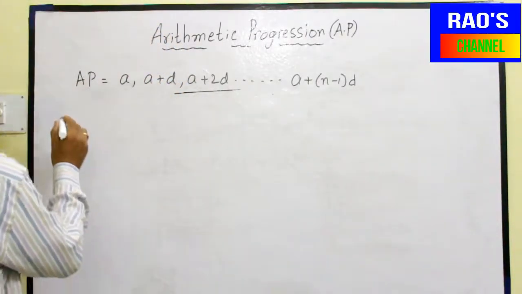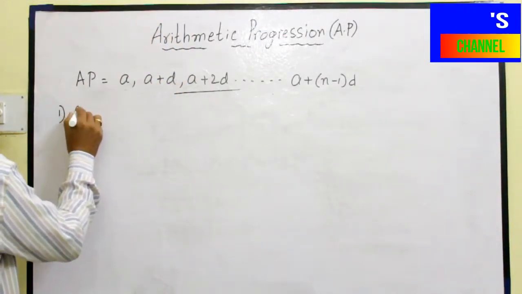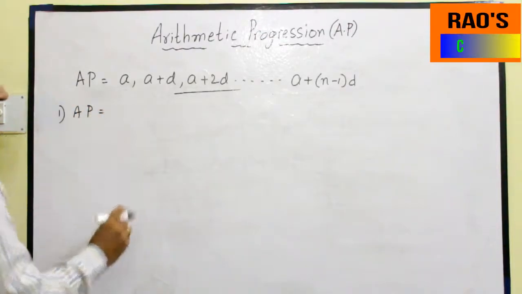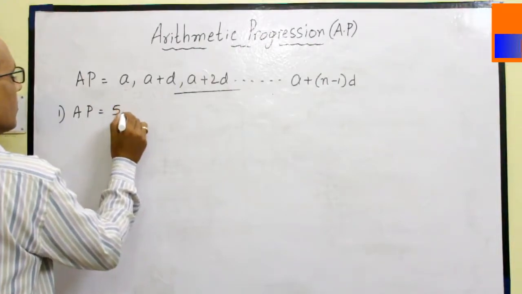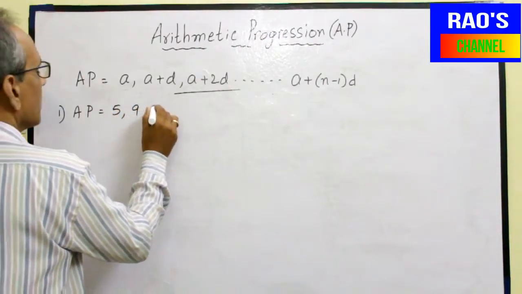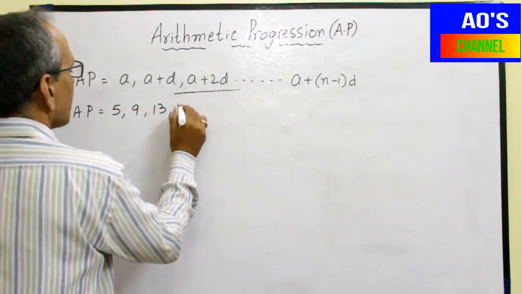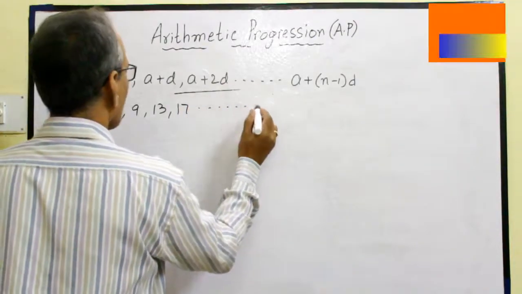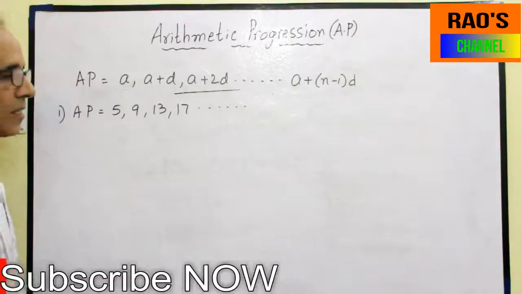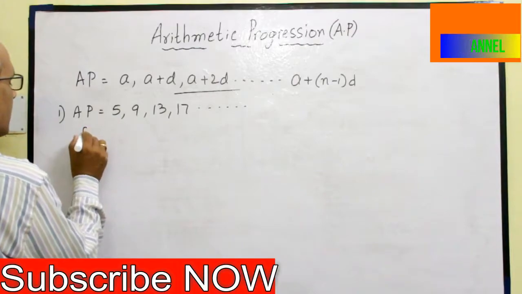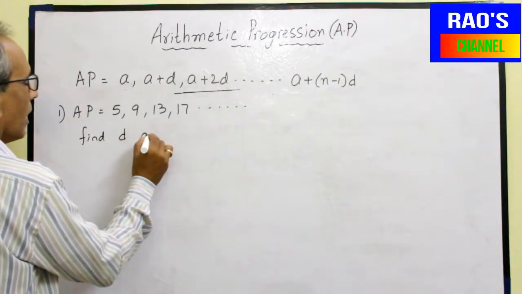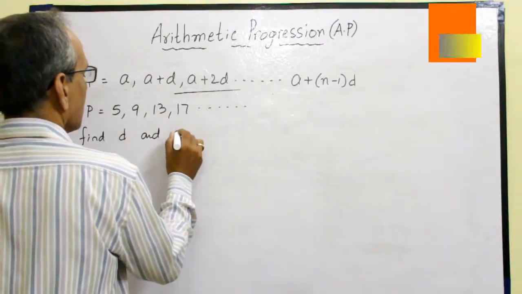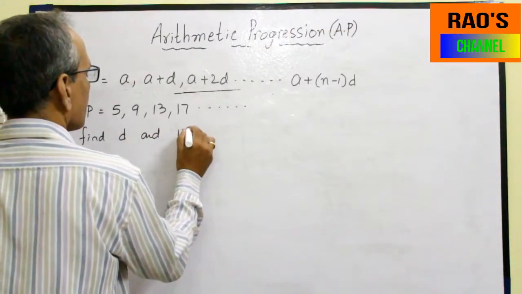Suppose you are given the AP 5, 9, 13, 17 and so on. The question is to find d and the 10th term.